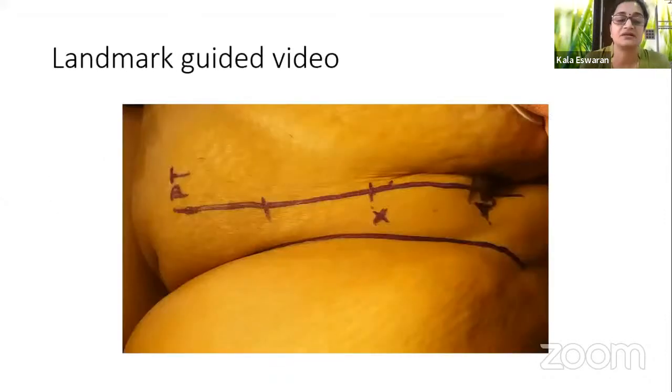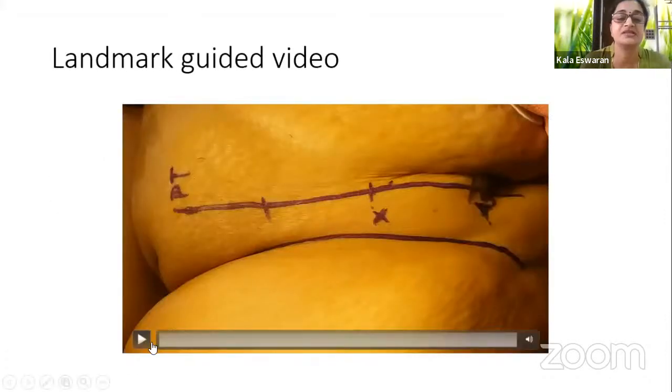This is a landmark guided video. You can see the pubic tubercle is marked and the anterior superior iliac spine is marked. This is the inguinal ligament, which is divided into 3 parts, and this is the inguinal crease. So this is at the junction of the lateral 1/3 and the medial 2/3, a few millimeters below.